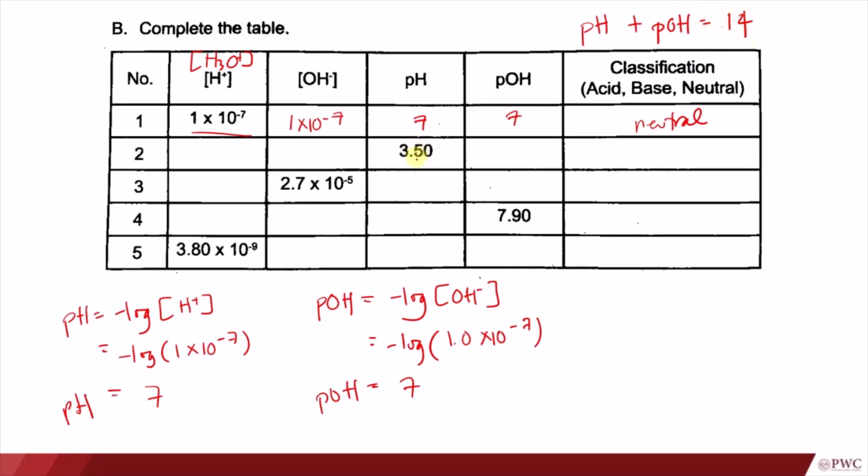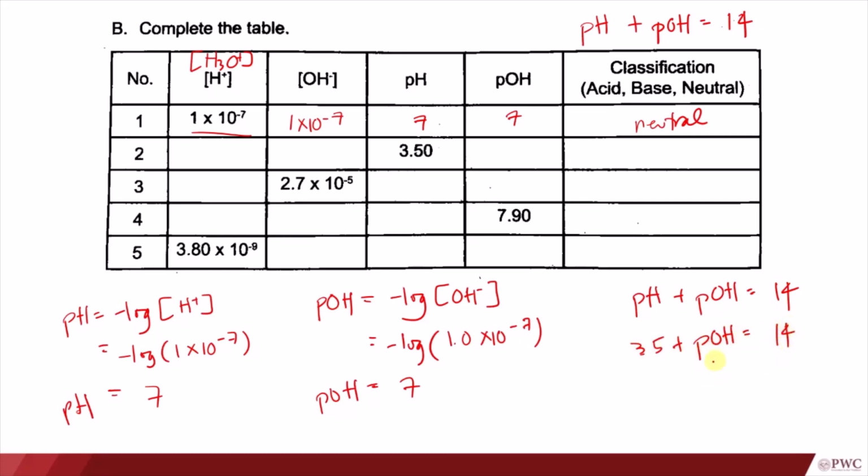Let's go to the next one. The given for the second one is the pH, which is 3.50. From this, let's find out the pOH first. Again, the pH and the pOH sum is always equal to 14. So if we know the pH, which is 3.5, we can determine our pOH because the sum is always equal to 14.